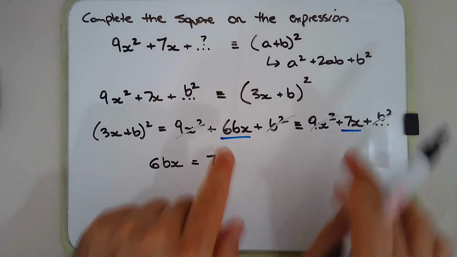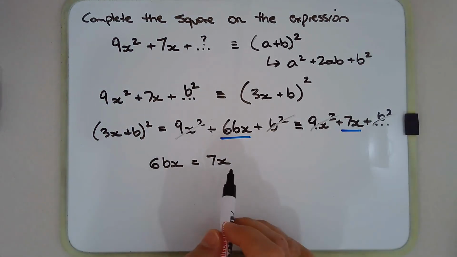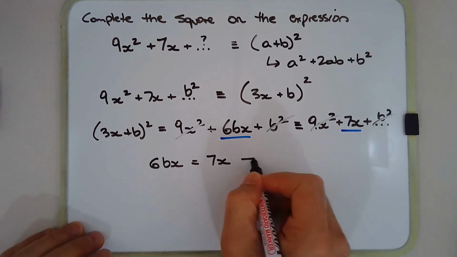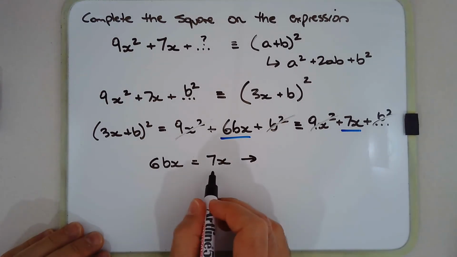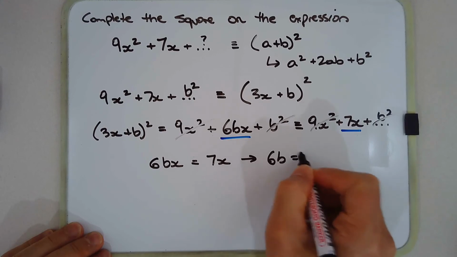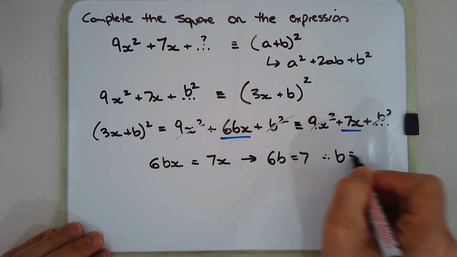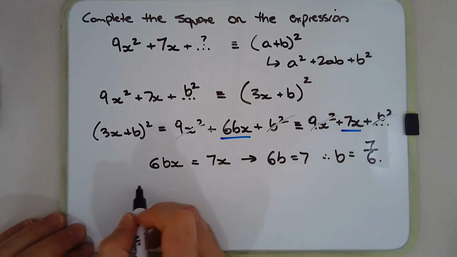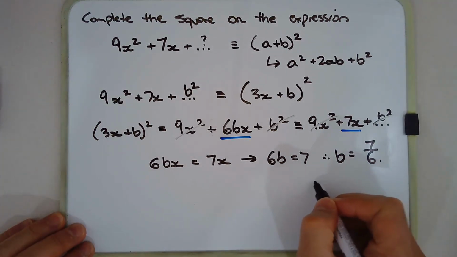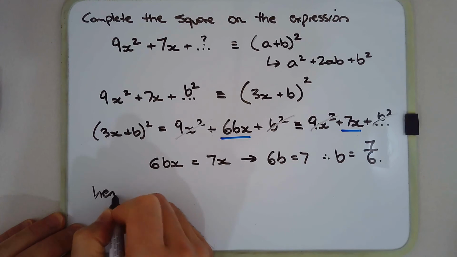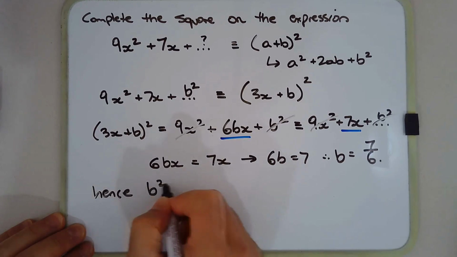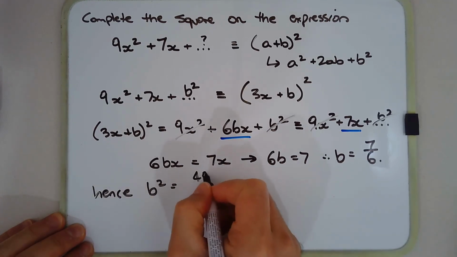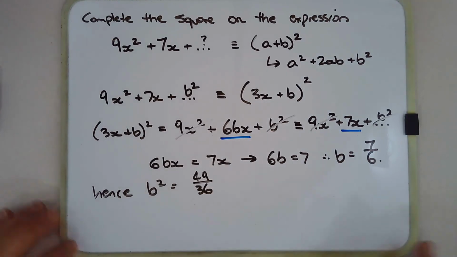So the key is really in the middle term. 6bx is equal to 7x. 6b is equal to 7. Therefore, b is equal to 7 on 6. So b squared is equal to 49 on 36.